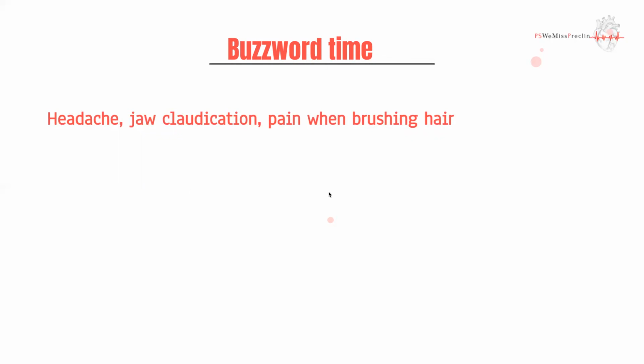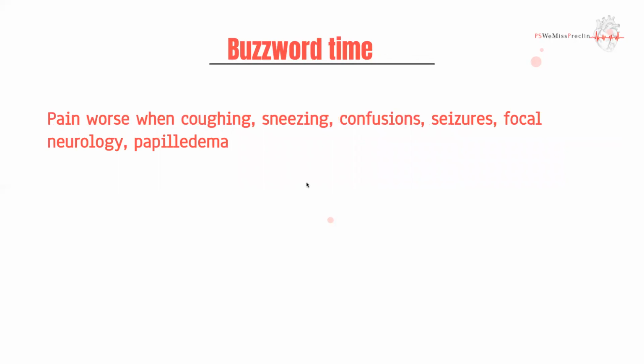A headache with jaw claudication and pain while brushing their hair is going to be GCA, giant cell arteritis, or temporal arteritis, because the temporal artery is one of the most commonly affected ones. In addition to the temporal artery, it can also affect the ophthalmic artery, which is why vision loss is a really, really scary complication of GCA, which we always consider and try to look for.